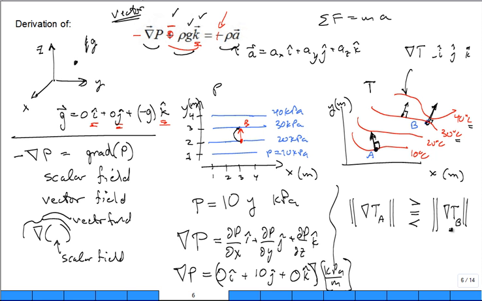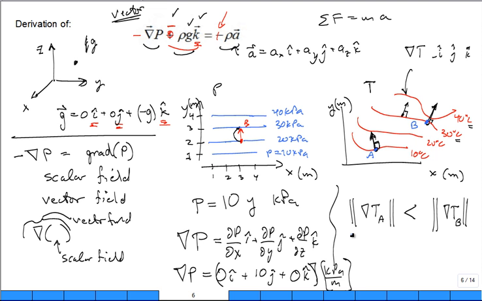And a lot of you got that correct, right? Which one is it? Which should I erase? So the gradient of the temperature field evaluated at point A, that vector, the magnitude then, is going to be, okay, let's take a look.